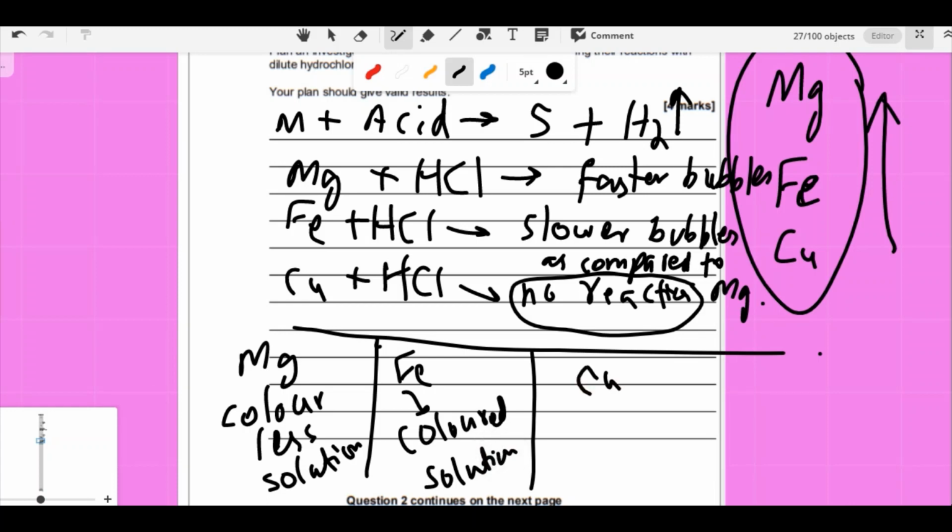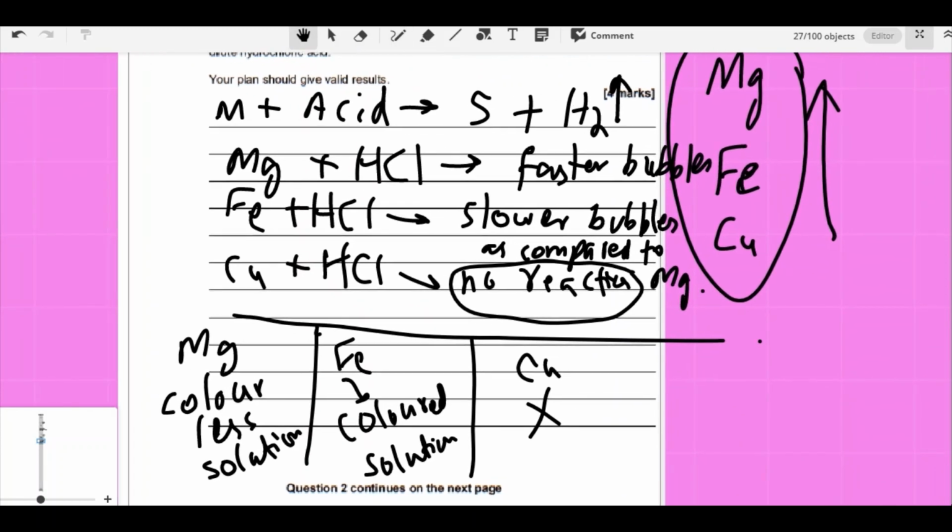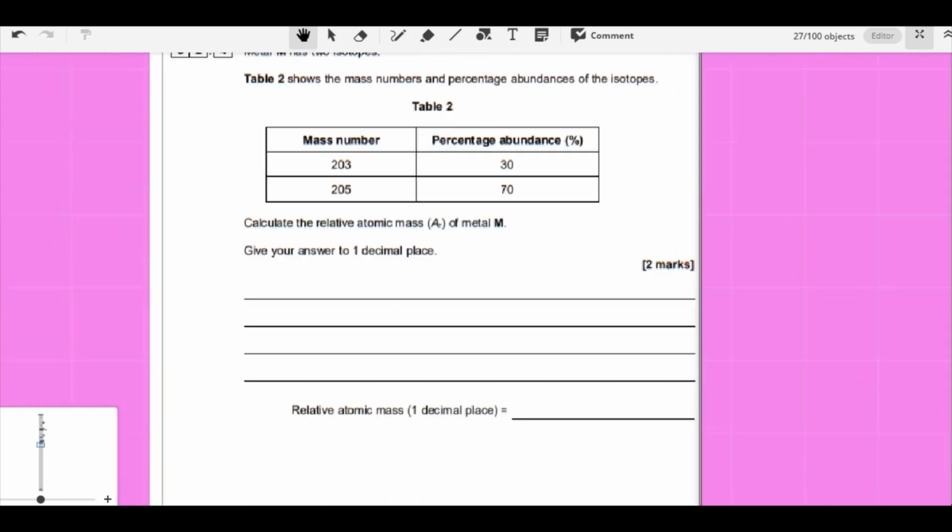While for copper there will be no reaction, so no solution formation takes place. Also, by measuring the temperature change, you can easily identify which one is more reactive and which one is less reactive.